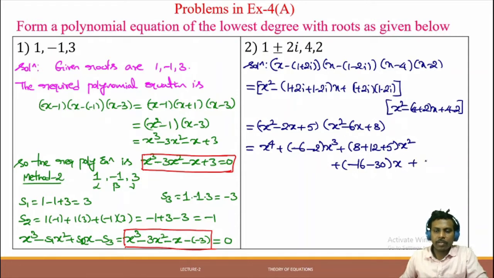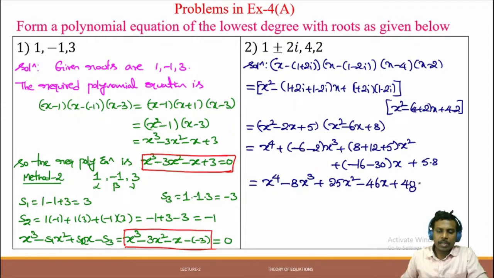So 5 into 8, that is 40. So if I simplify the terms, I'll be getting x power 4 minus 8x cube. 12 plus 8 is 20. 20 plus 5 is 25 into x square minus 46 into x plus 5 into 8 is 40. So this is the final answer.